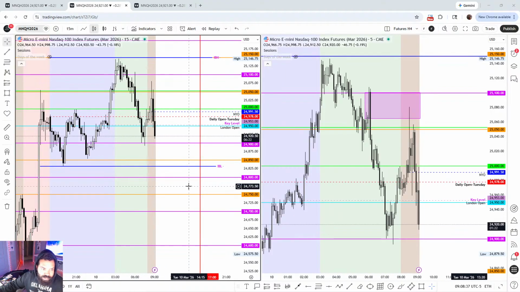ES is looking weak here at 67.75, so to reach for this 67.50s would be interesting here, that half level.